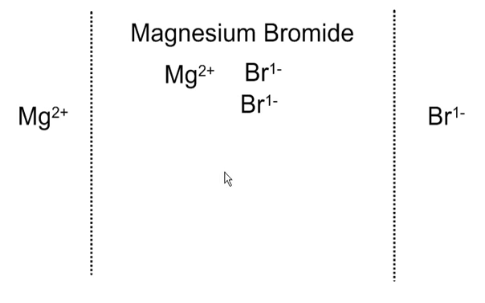So let's bring another negative ion out. Now if I add these up, this 2+ is balanced by the 2 1-. So that equals 0. In my formula, I need to show 1 magnesium and I need to show 2 bromides. So my formula is MgBr2.